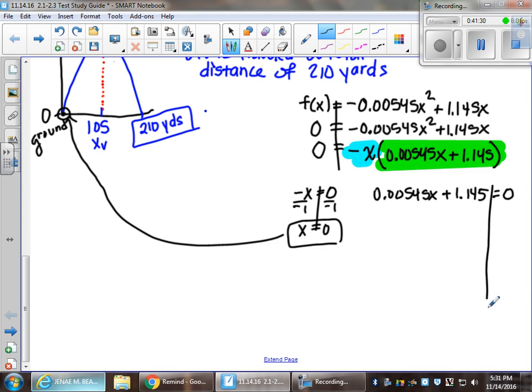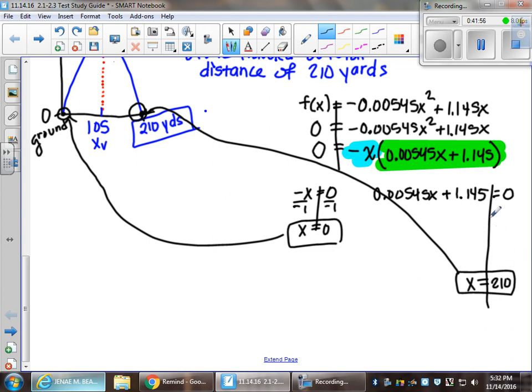And then if you solve this one for x, you will get x equals 210. In that order, that pair, x equals 210, bam, right there. And I'll let you work on that algebra.